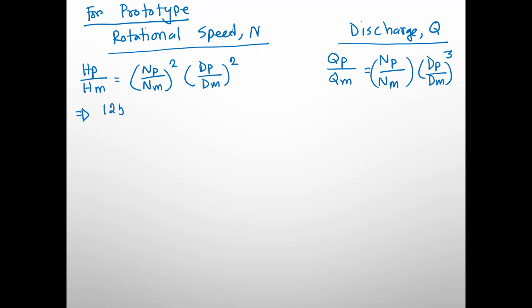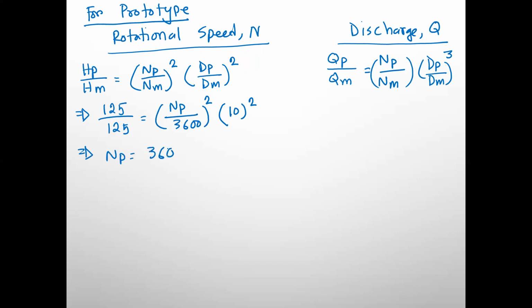So we know pump head for model and prototype is 125, 125. We know for model it's 3600 square, and for dP over dM is 10. Now, if we do the calculation, it will be 360 RPM.